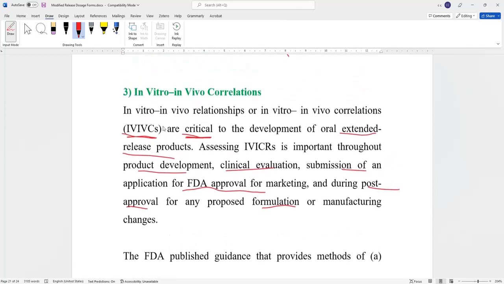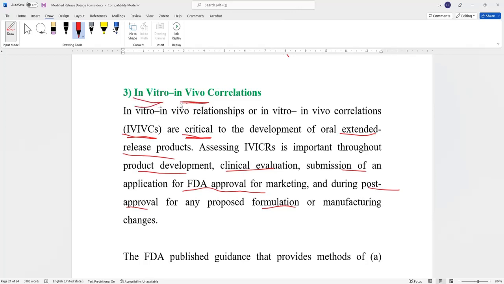What does it mean? What is in vitro in vivo correlation? Let me explain it. In vitro is what happens outside the body. In vivo is what happens inside the body. So you need to establish that, for example, if 20% of the drug dissolves in 1 hour, what is going to happen in vivo?